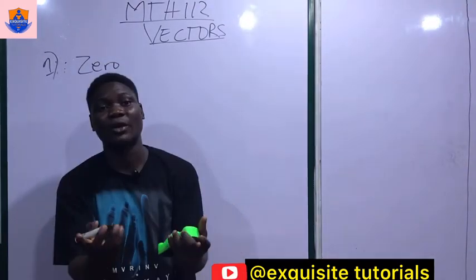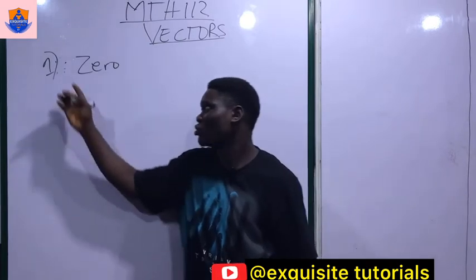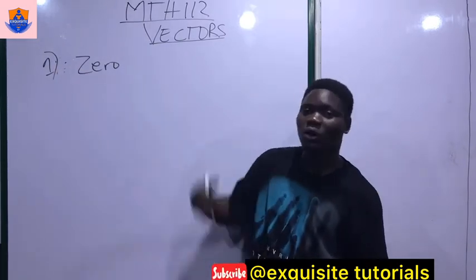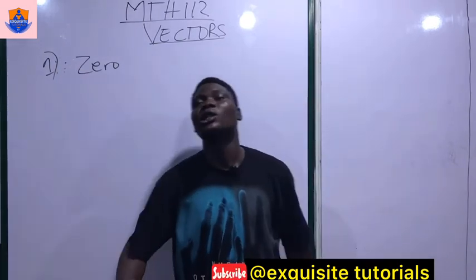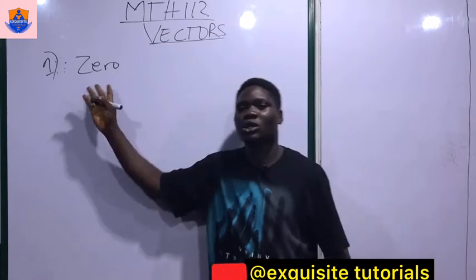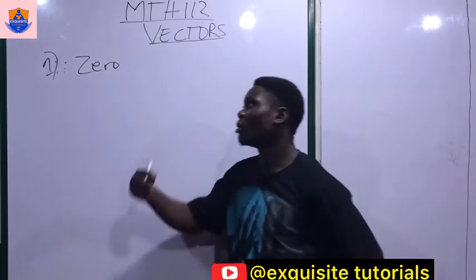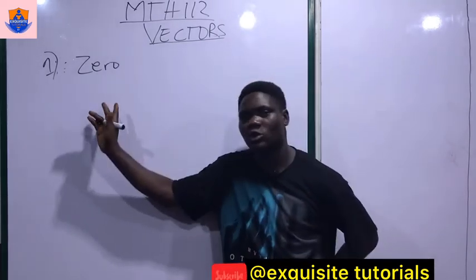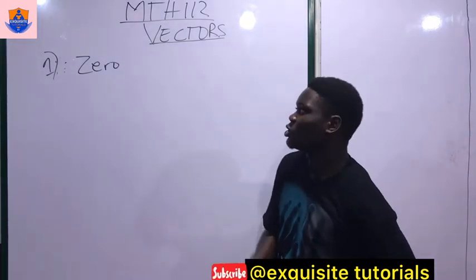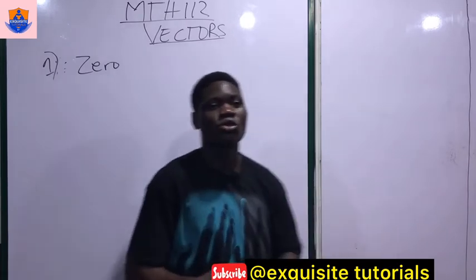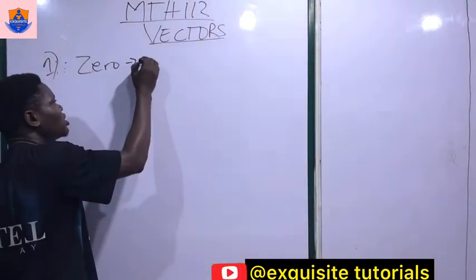Meanwhile, all vectors have direction, but here we are talking about the magnitude. The magnitude or the size of that vector is 0. You may not understand the importance of this until my next video, when we'll be solving some diagrammatic questions. You'll see where these zero vectors come into place. So the magnitude of the vector is 0.